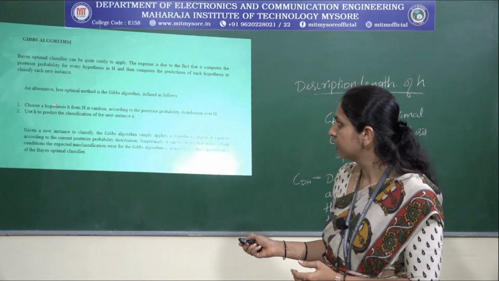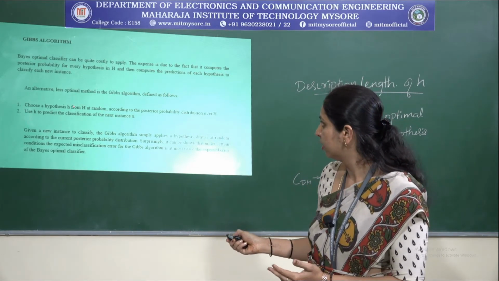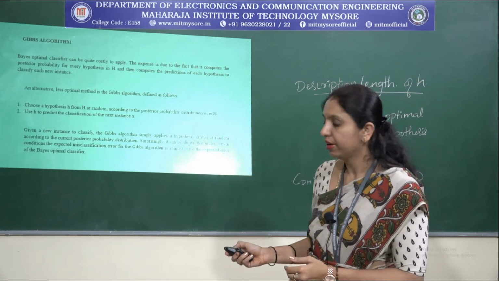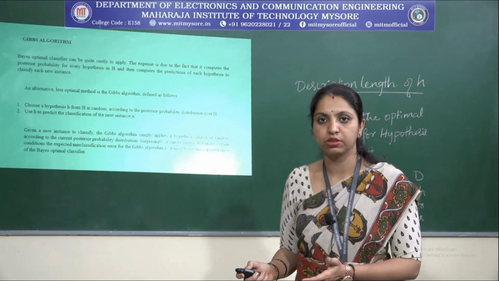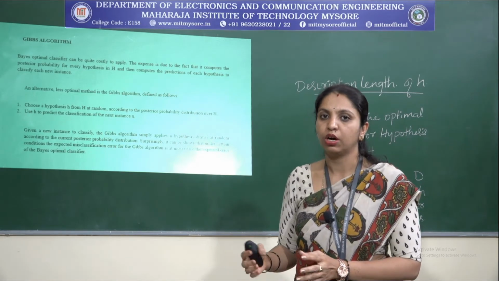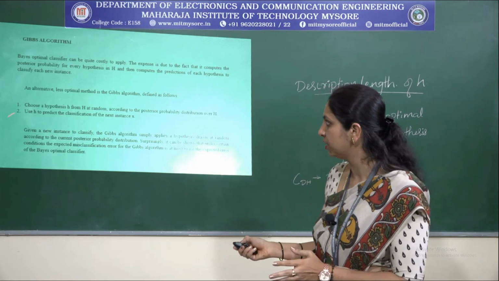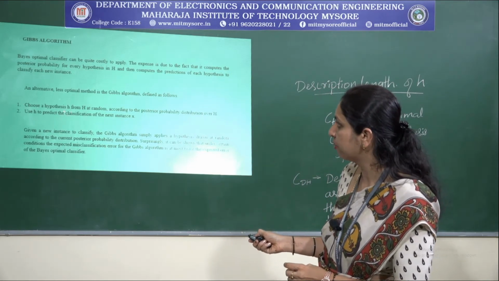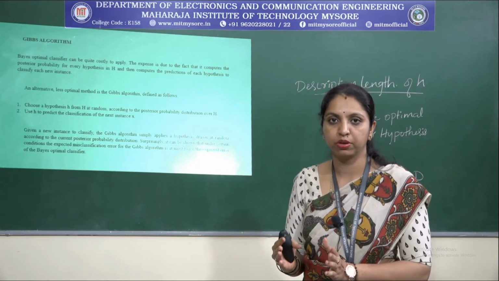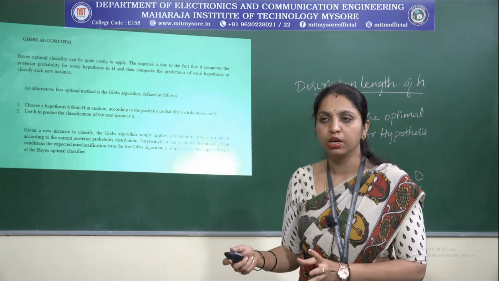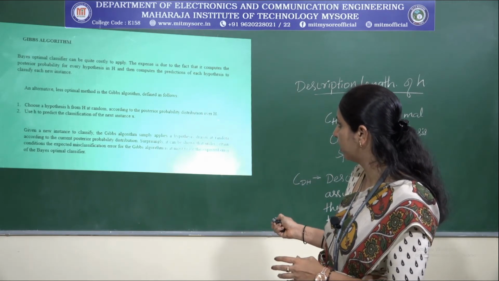But in this case, instead of finding the most probable hypothesis out of the set of hypotheses H, choose a hypothesis h from H at random. So, randomly one hypothesis will be chosen out of many hypotheses according to the posterior probability distribution over H.